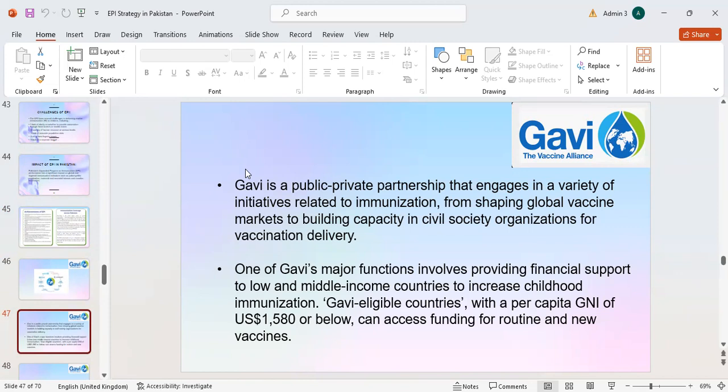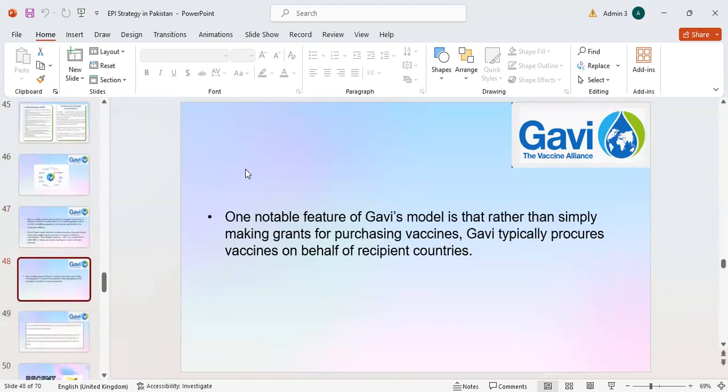Gavi eligible countries with a per capita GNI of $1580 or below can access funding for routine and new vaccines. One notable feature of Gavi's model is that rather than simply making grants for purchasing vaccines, Gavi typically procures vaccines on behalf of the recipient country.